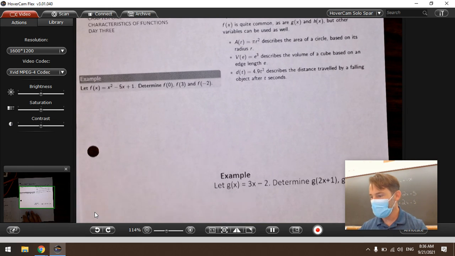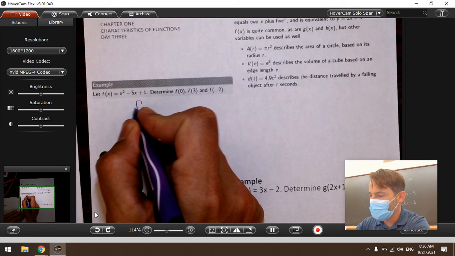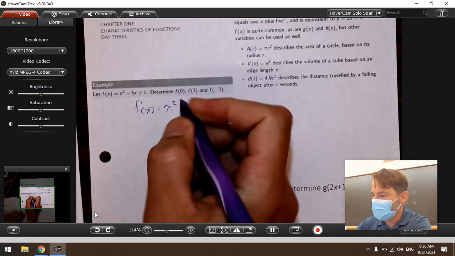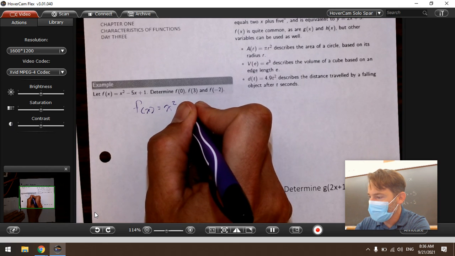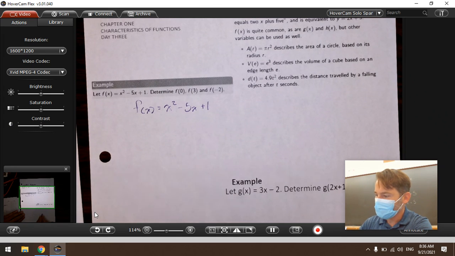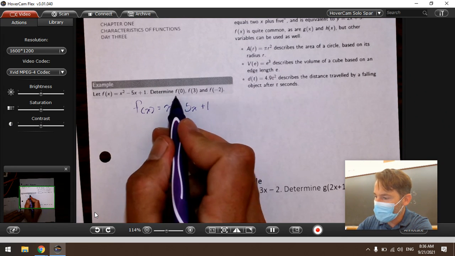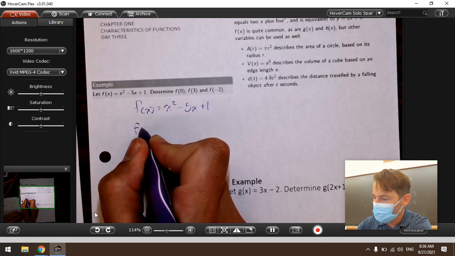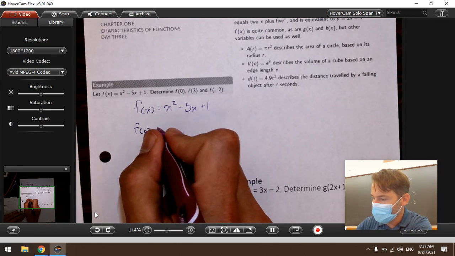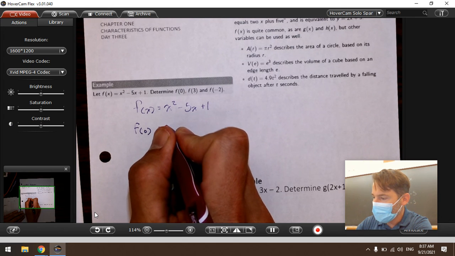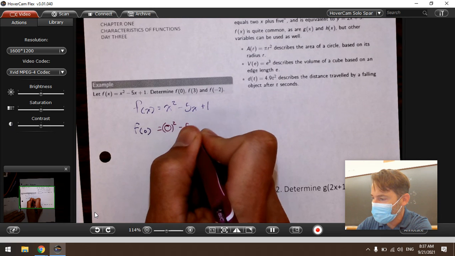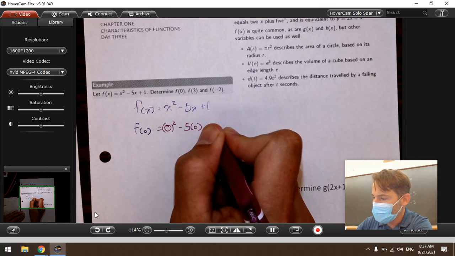So here's what we would write down. First, I would just go ahead and copy my function. F of x is equal to x squared minus 5x plus 1. Okay, so now to do f at 0, I just write f at 0 is equal to 0 squared, you can substitute into brackets, minus 5 times 0 plus 1.